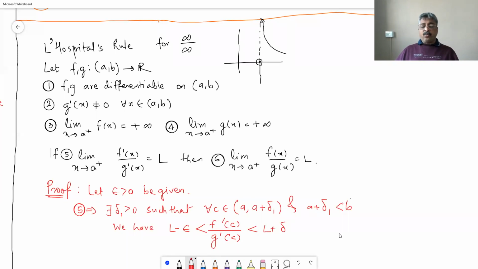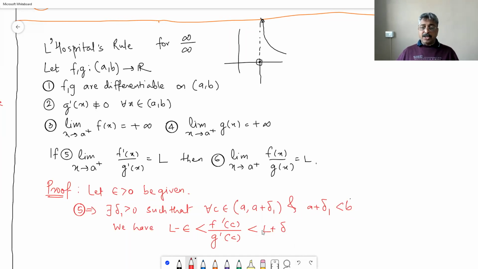Okay, use this letter C very wisely here, but we have to understand that practically you can choose any point between a to a plus delta 1 and you will have this result. So C is chosen such that it is a point between a to a plus delta 1 and this result is going to be true because of 5. Is that right? Because of 5.